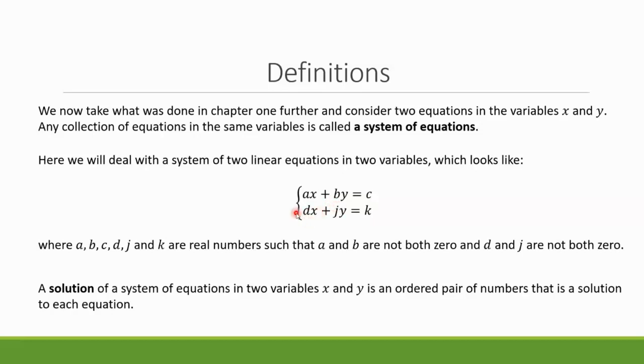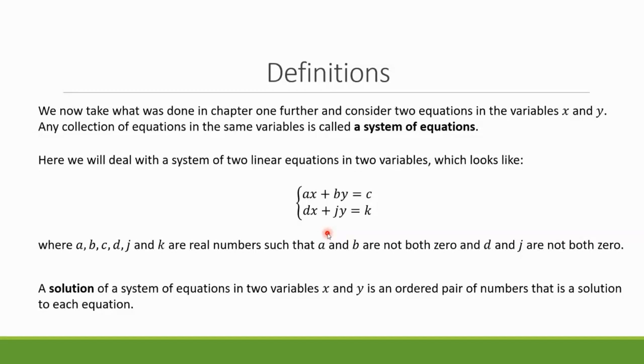Now, we want to solve such a system, but what does it mean to solve it? It means find a solution. Well, what's a solution to this? By definition, a solution to a system of equations in 2 variables, x and y, is an ordered pair of numbers that's a solution to both equations.